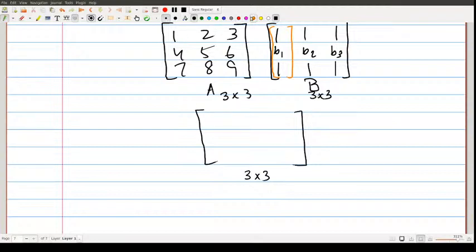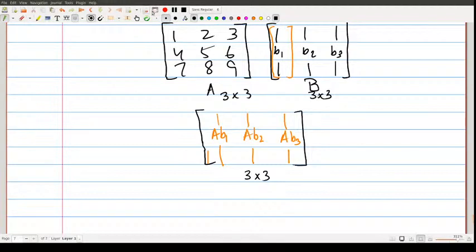The first column of the result will be A B1, the second column will be A B2, and the third column will be A times B3. We're basically doing matrix vector multiplication on the columns of matrix B.